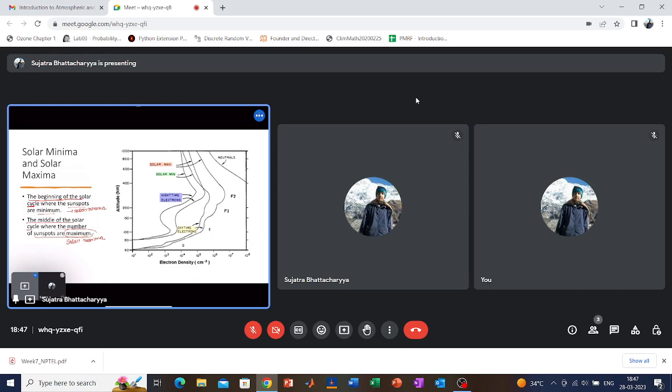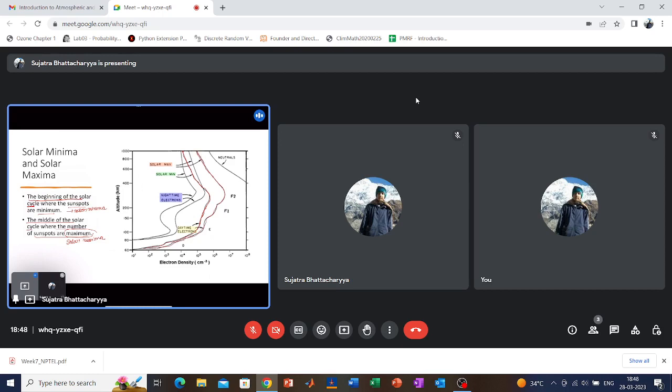Okay, now what role is it playing? Check these two curves. This is the curve at the daytime for the solar minima, but this is the daytime curve of the solar maxima. I am not talking about the diurnal cycle now. This is the solar minima and solar maxima during the daytime only.